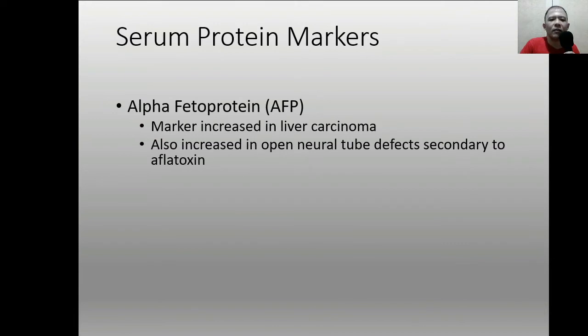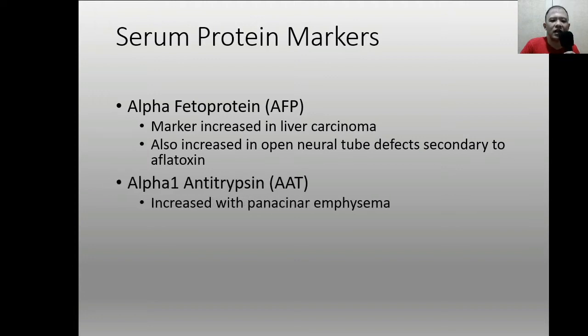Some serum protein markers. Additionally, we have the alpha-fetoprotein, which is a marker for hepatocellular carcinoma and for neural tube defects secondary to aflatoxin. Alpha-1 antitrypsin deficiency is a condition seen in emphysema.